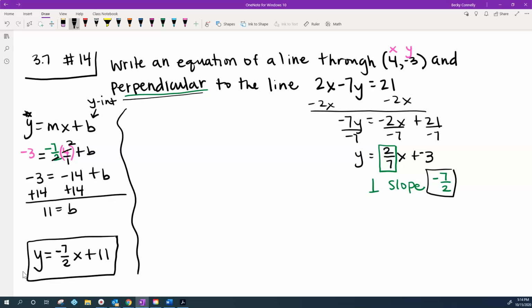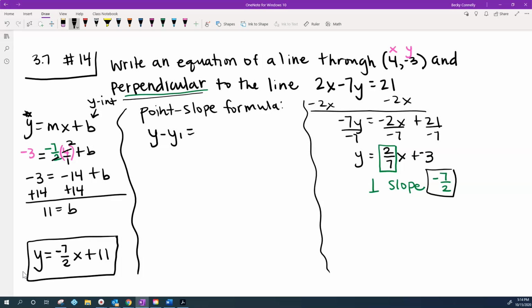We still have to figure out what the slope is first before we do either of these ways. The other way is called using the point-slope formula. And maybe this way would make more sense to you. So this one you have to memorize another formula for. You're not going to be using y = mx + b. You're going to use y - y1 = m(x - x1).